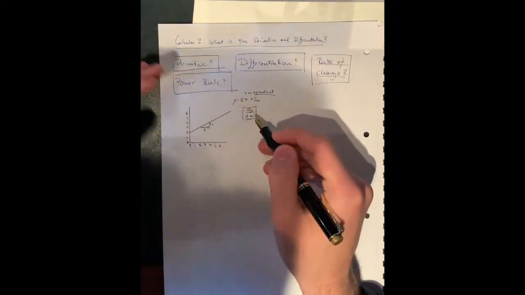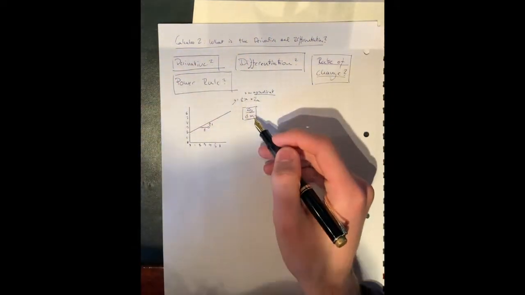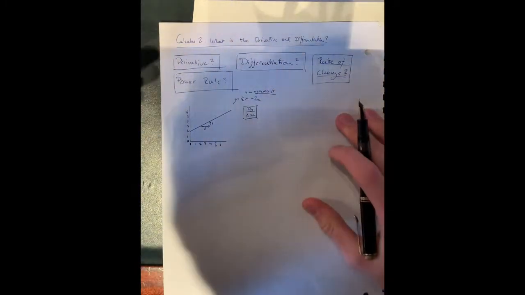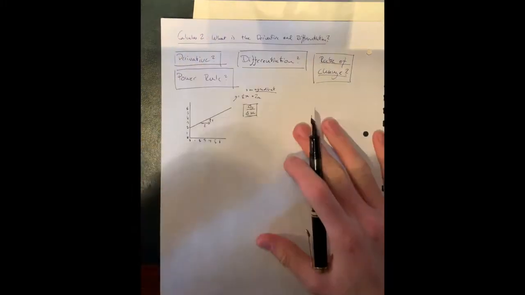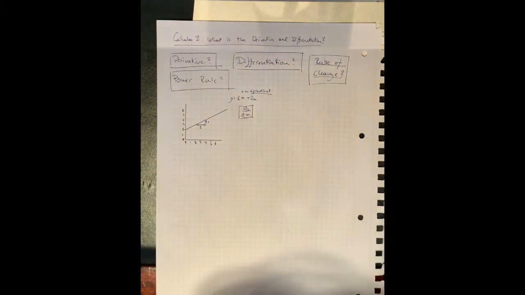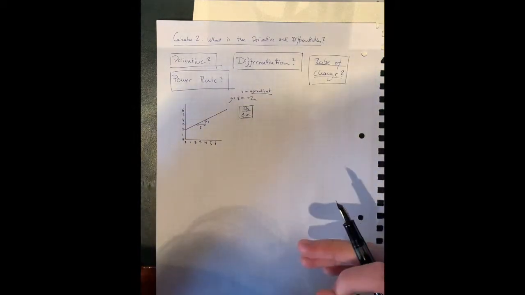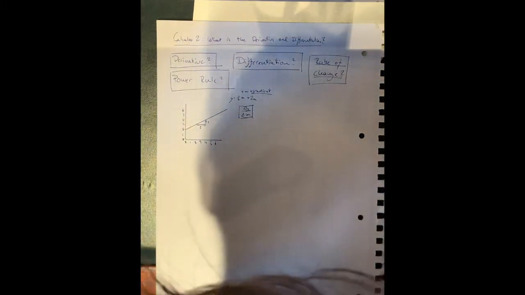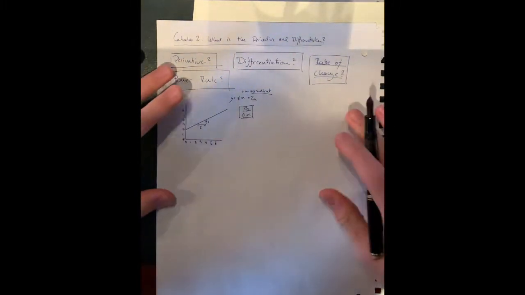Well, it's essentially almost the same thing, and it's pretty self-explanatory. The rate at which something changes is how fast it changes or how much it changes in, let's say, a given amount of time, or in relation to some other kind of variable. I'll elaborate a little bit further.